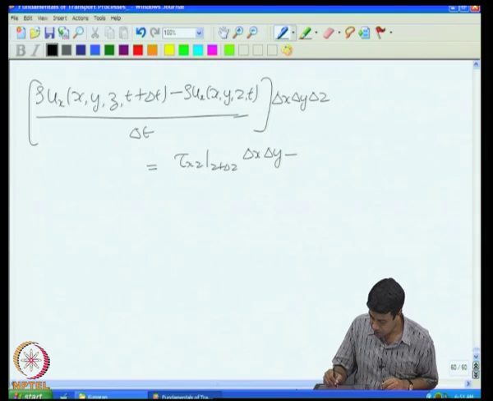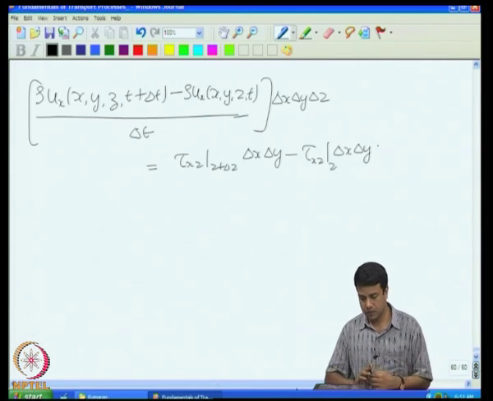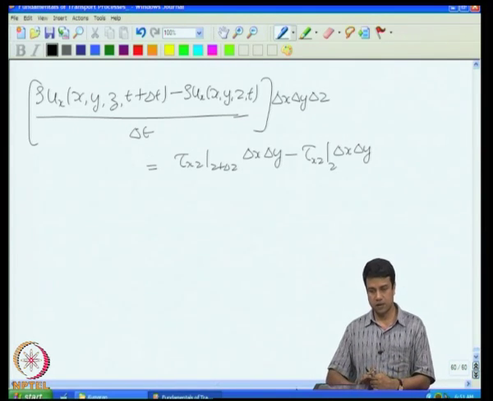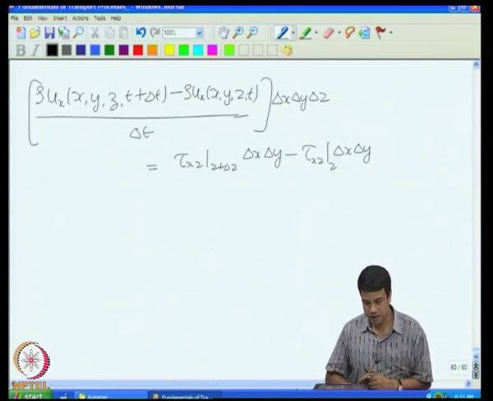On the bottom surface, the unit normal is in the minus z direction. So, this is the balance equation.